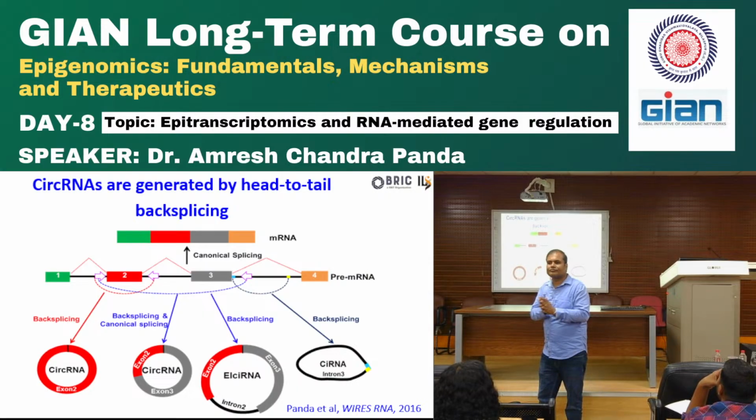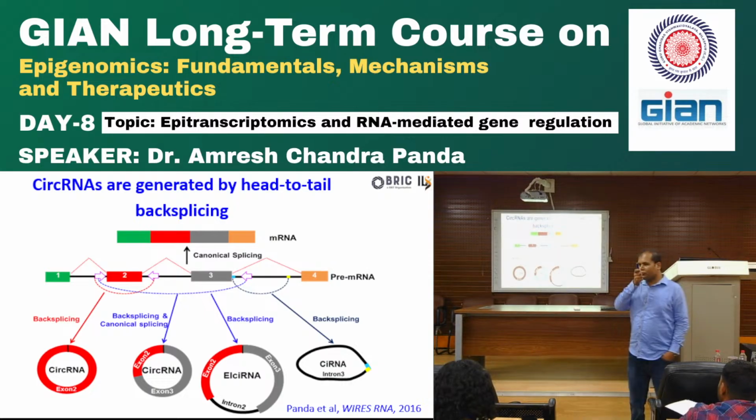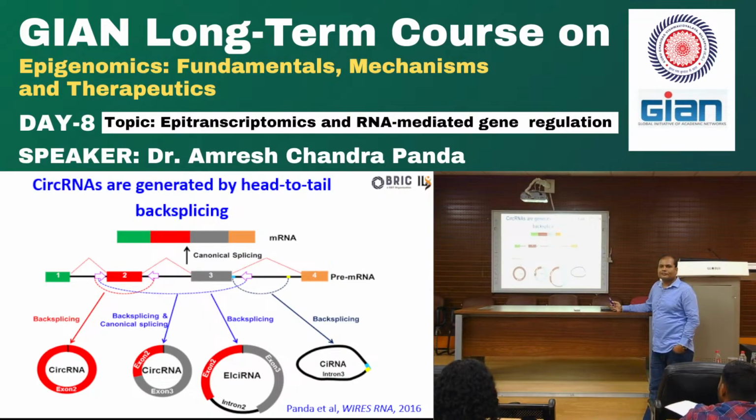Debranching enzyme. Okay, so how is the lariat different? Is it a 3' to 5' joining or something else? It's a 2' to 5' joining. Okay, it's not 3' to 5' joining.